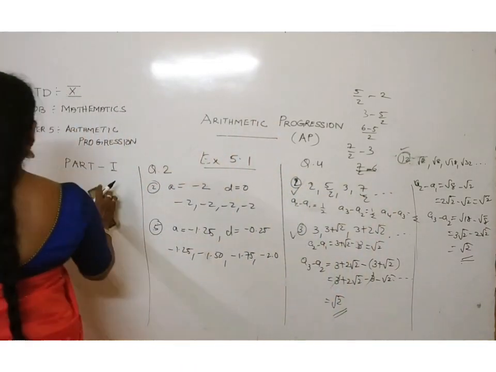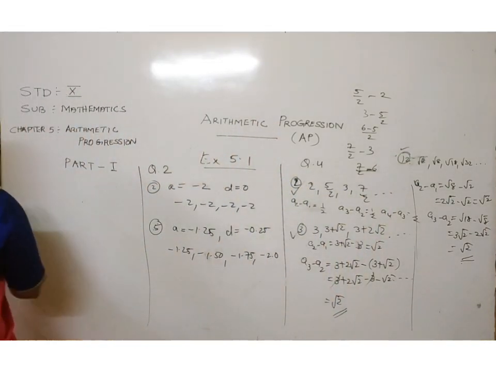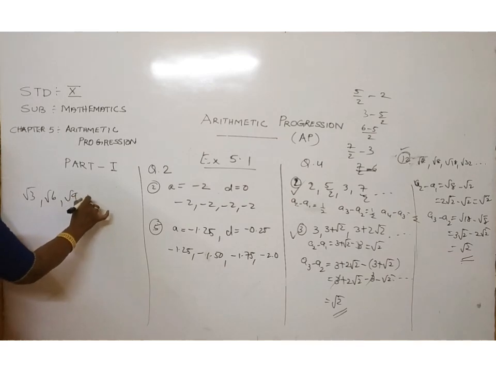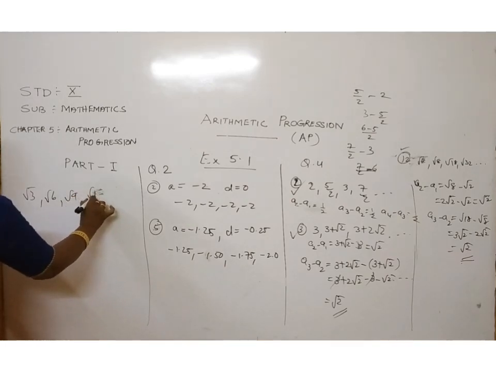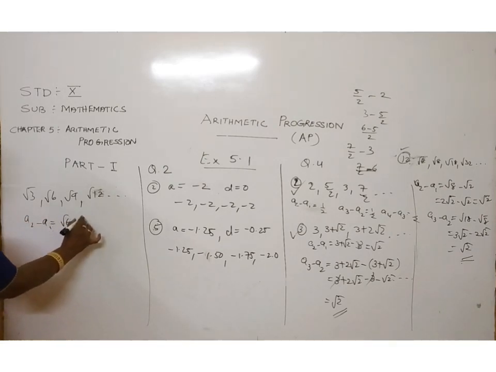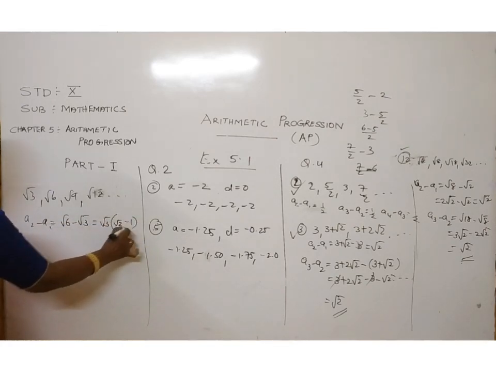Now one more question I want to solve here in this class. That is root 3, root 6, root 9, root 12. Do they follow an arithmetic progression? Take A2 minus A1, that is root 6 minus root 3. What common factor can you take here? Root 3 as the common factor, so root 2 minus 1.